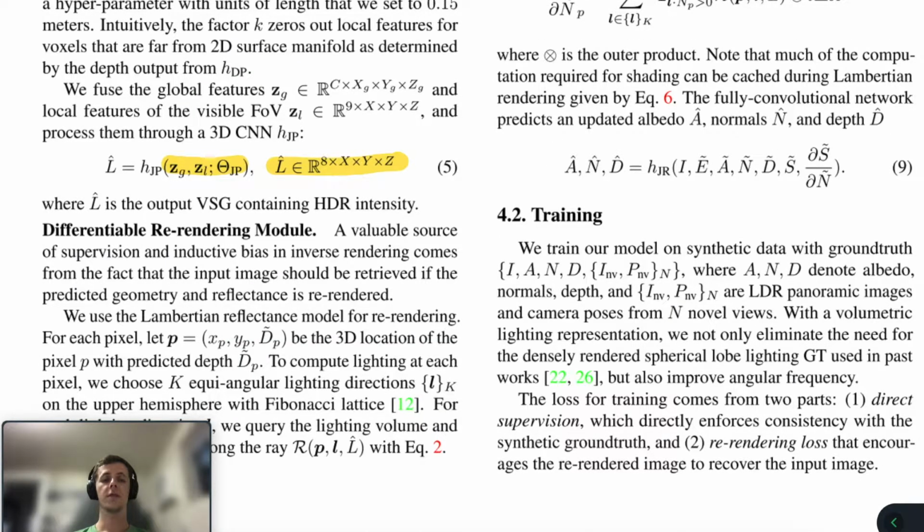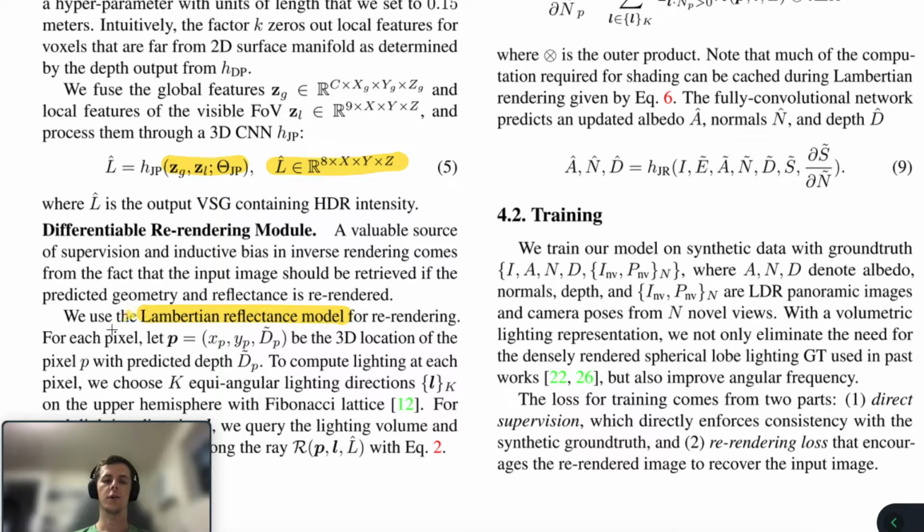To glue all this information together and make it coherent, so as to be able to regenerate the input image, they propose a differentiable ray rendering module, which is based on a Lambertian reflectance model.